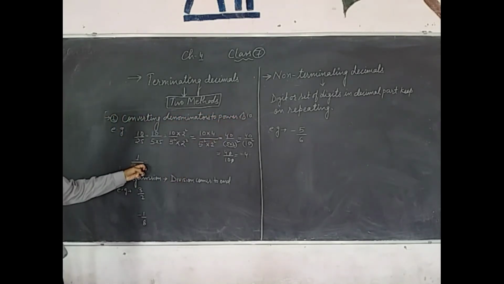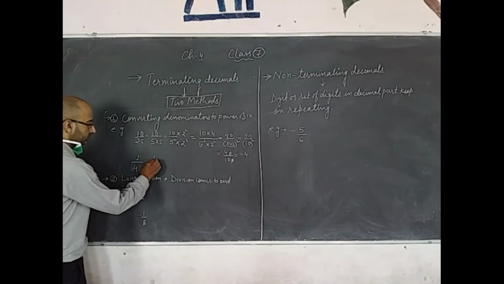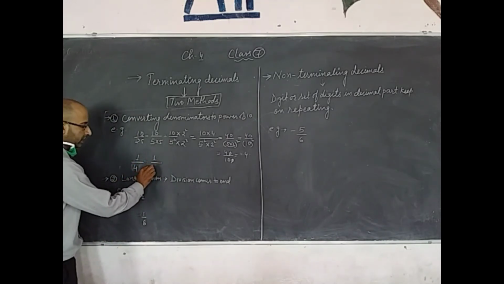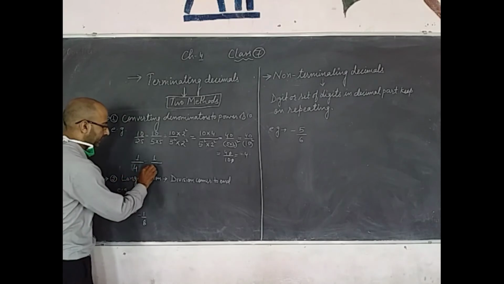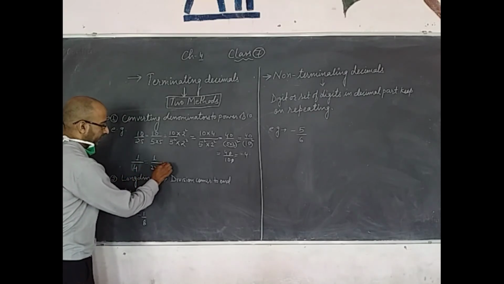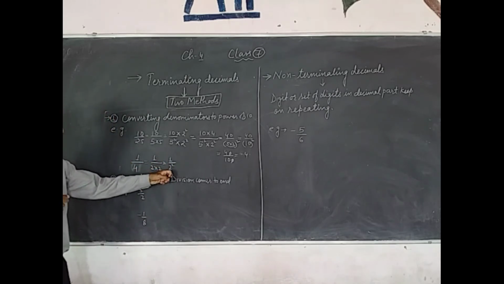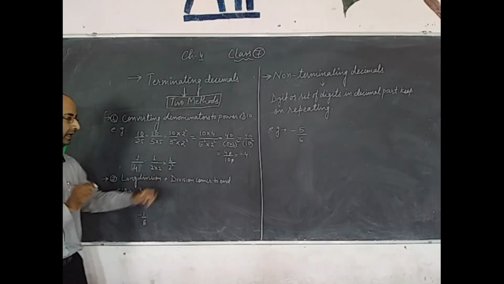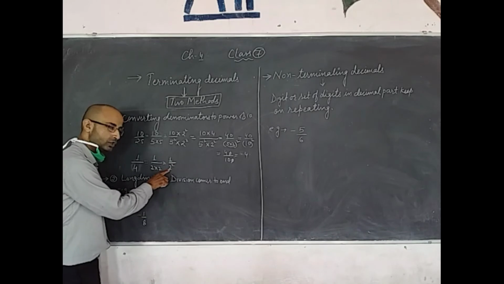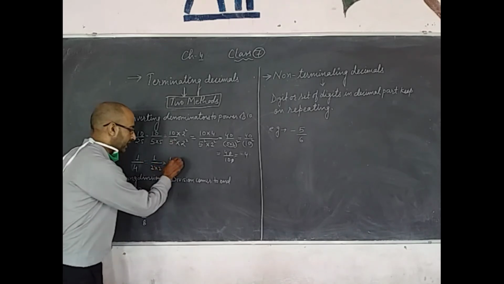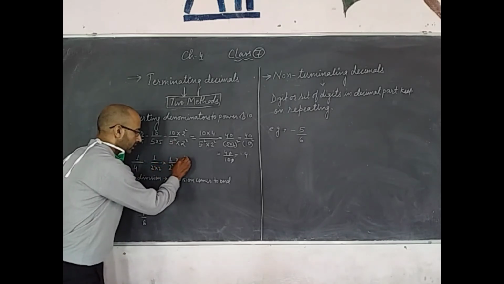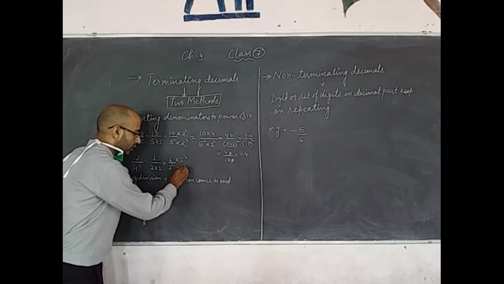Now take one more example here. 1 upon 4. If you do the prime factorization of 4, you will get 2 into 2, so 1 upon 2 square. Now see, here the required number is 5, and the power which is on 2 will come with the 5. We have to multiply 5 square in the numerator as well as in the denominator.